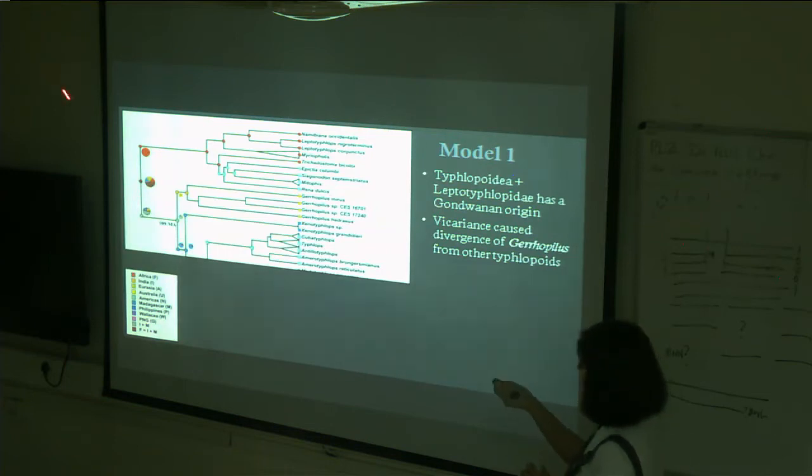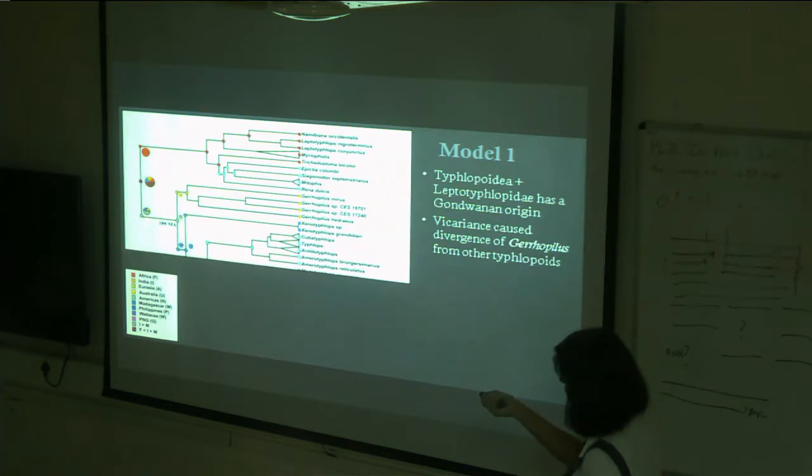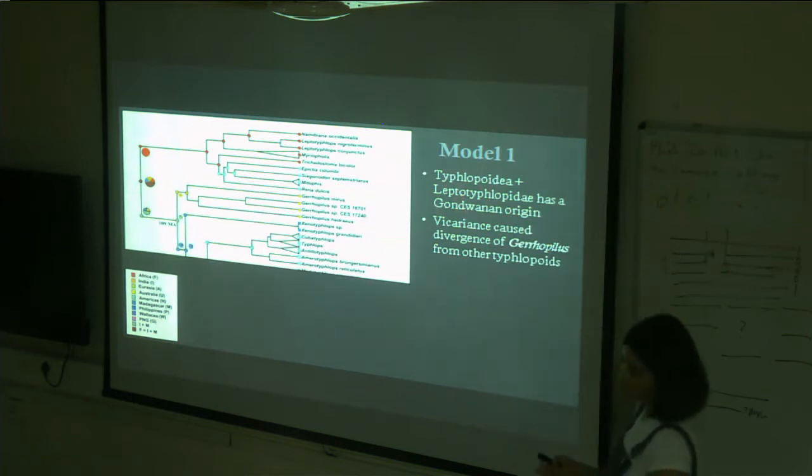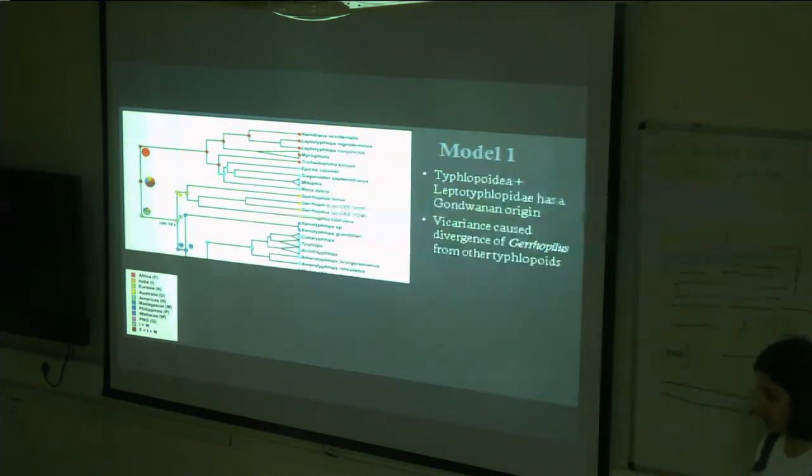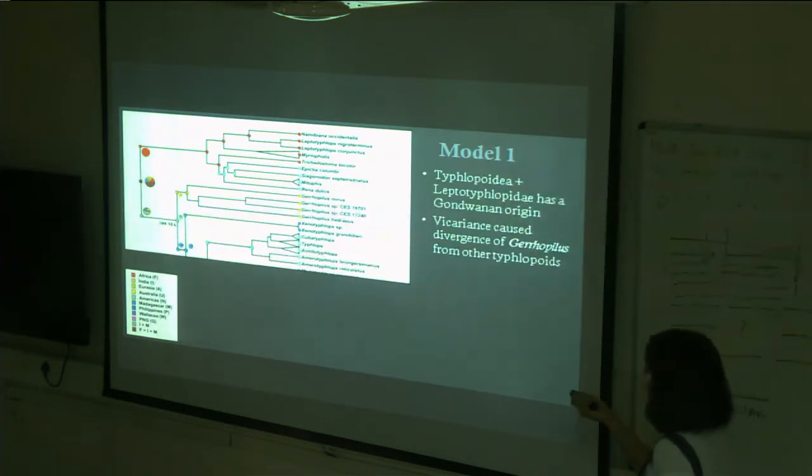So the ancestor was found in Gondwana, and when East and West Gondwana broke away from each other, which is the gray, which is for East Gondwana, and this is for West Gondwana, which is Africa here. So the vicariant event of East and West Gondwana separating was what caused the divergence between leptotyphlopids and typhlopids.